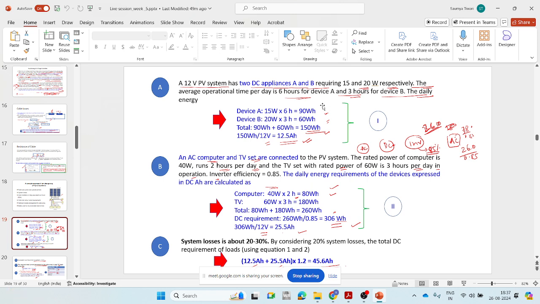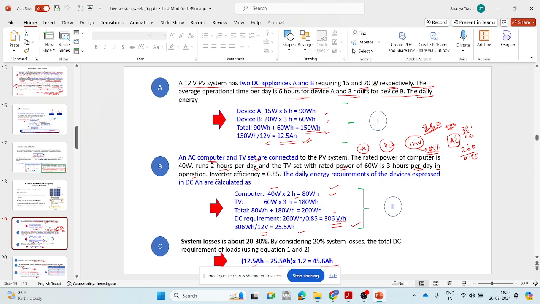As done previously, you will calculate it for the individual appliances, and for the actual DC requirement we have to incorporate the inefficiency involved with the inverter.